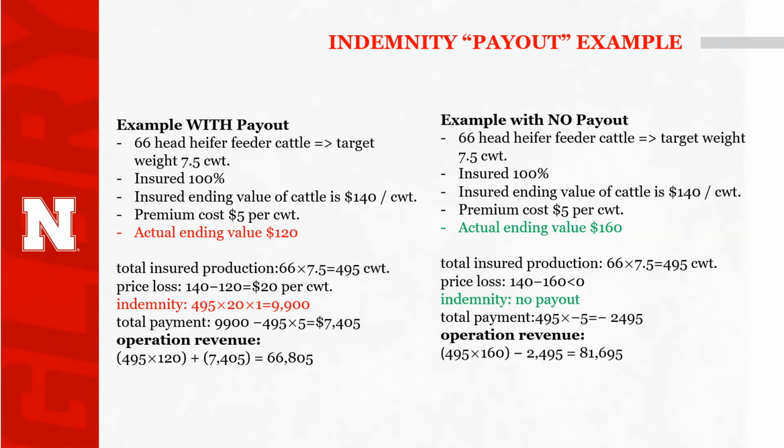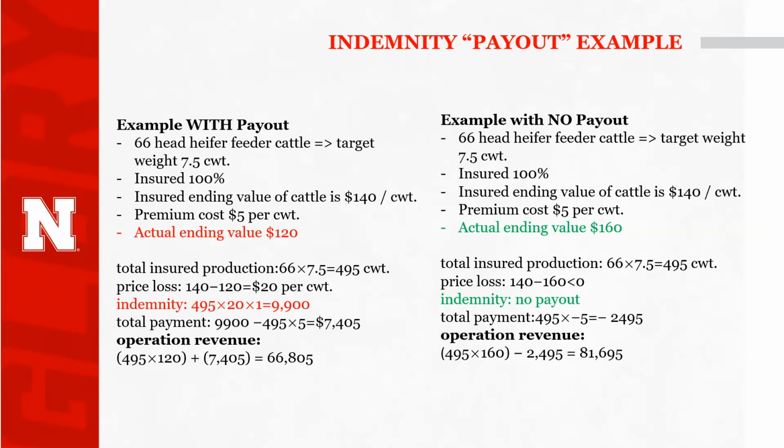All it's doing is saying that if the market falls, you have the ability to recoup some of those costs. So that's here on the left-hand side. This is what happens if we do receive a payout. But there could be years when we put that coverage in and prices actually improve, right?